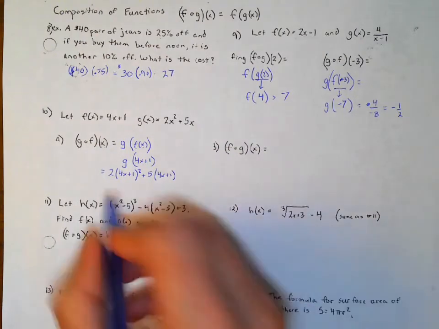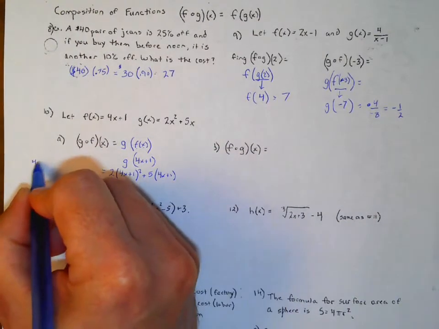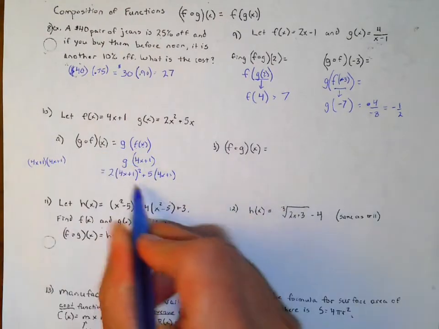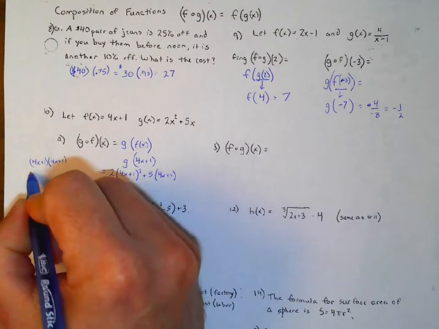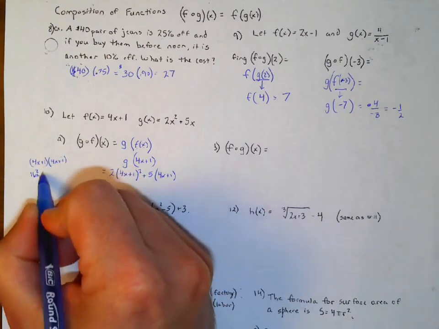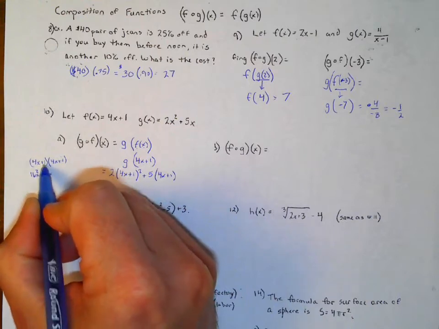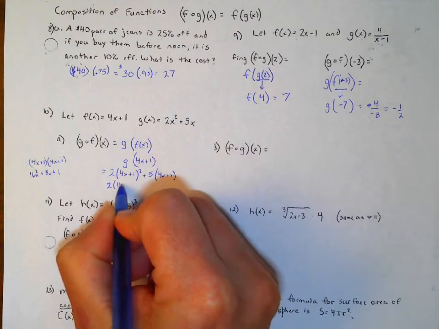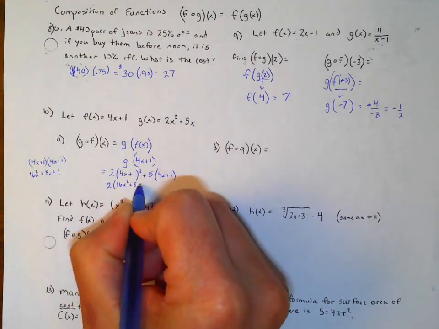Okay? So to work this out, I'll do this part on the side. 4x plus 1 times 4x plus 1, right, squared, is 16x squared, and 4x twice would be 8x, plus 1. So we have 2 times 16x squared plus 8x plus 1.